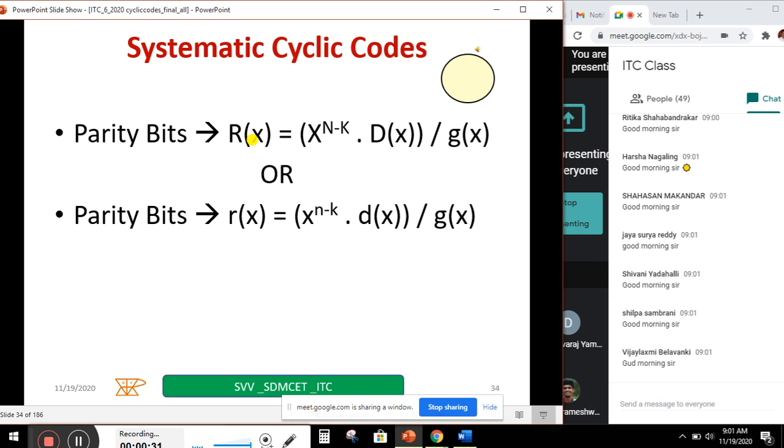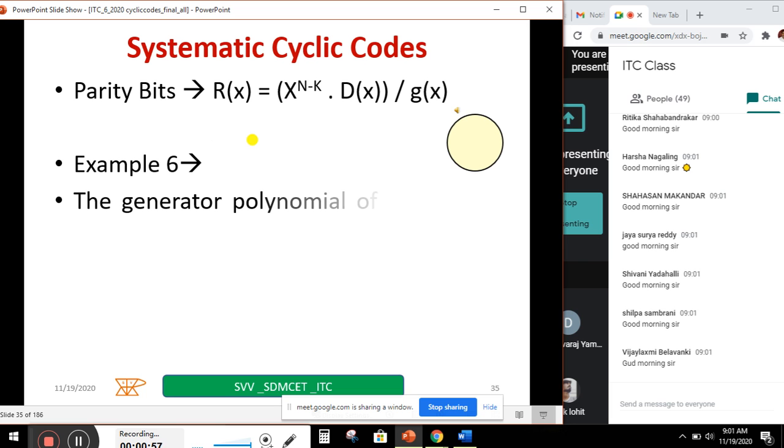Hope all of you remember this equation. Try to read it twice, thrice, because today we are going to use this equation throughout our class. R of x equal to x raised to n minus k into d of x whole divided by g of x.